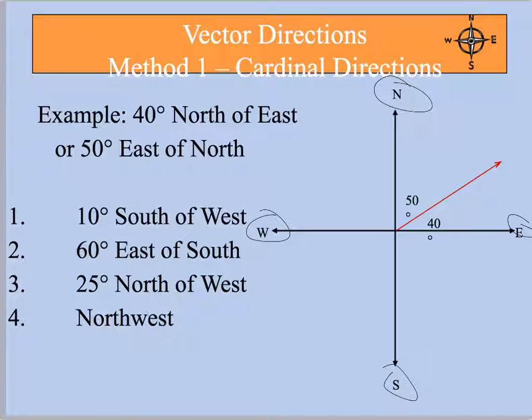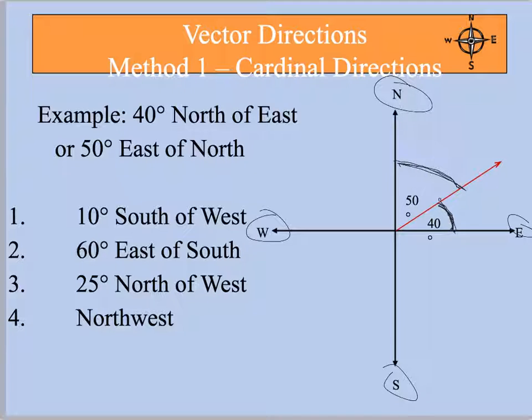And we have a vector that points up and to the right. And we know that this angle is 40 degrees, and we know that this angle is 50 degrees. Okay? So there are a number of ways that we can identify this vector.